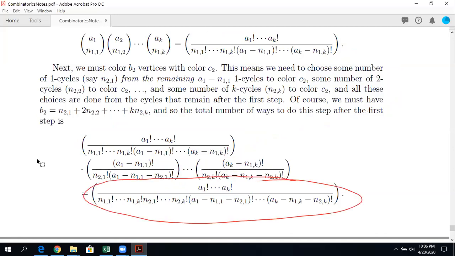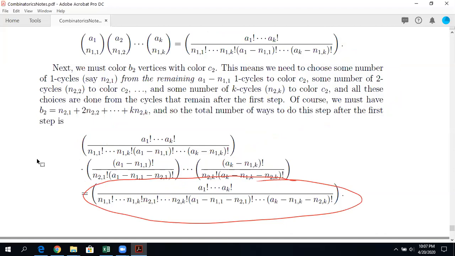Okay. And I think that you start to see a pattern emerging. The numerator seems to be staying the same, but the denominator is getting more and more robust with each step. And the A1 minus things, eventually that's going to just decrease down to 0 factorial. And you're just going to get all these n's down here. And remember, I could have done different n's, but that will be handled via a sum later on.